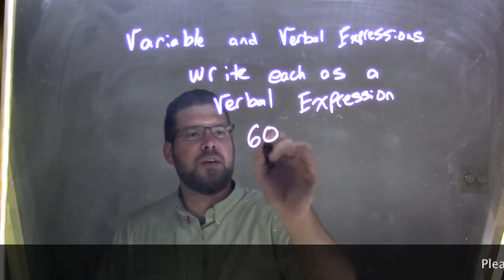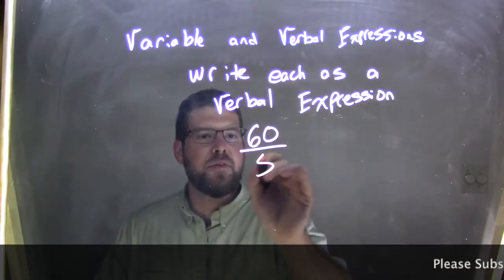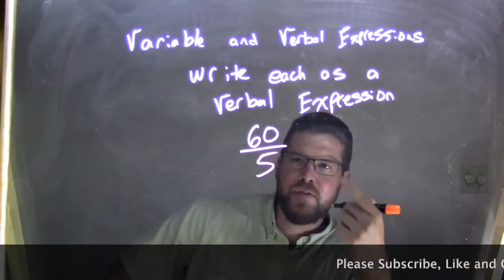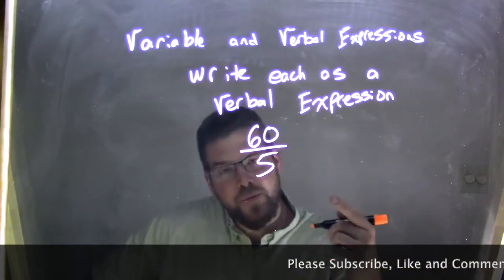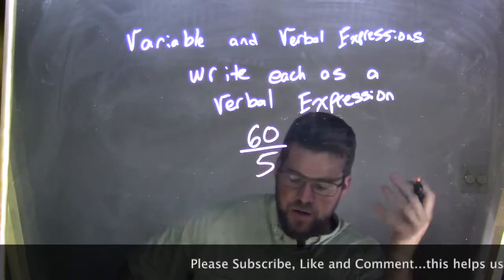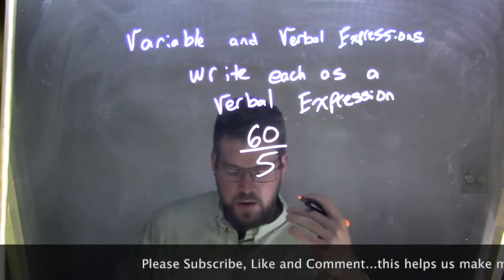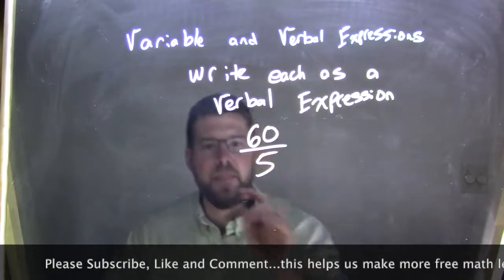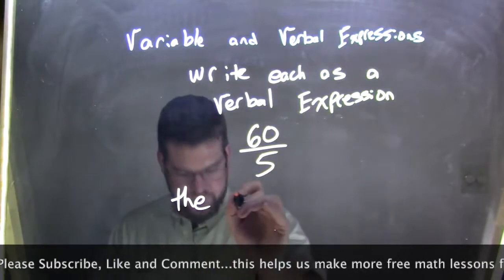The number 60 over the number 5. Right there, I'm seeing 60 divided by 5, 60 over 5. Instead of writing 60 divided by 5, I can use another word, the quotient. Quotient meaning division.